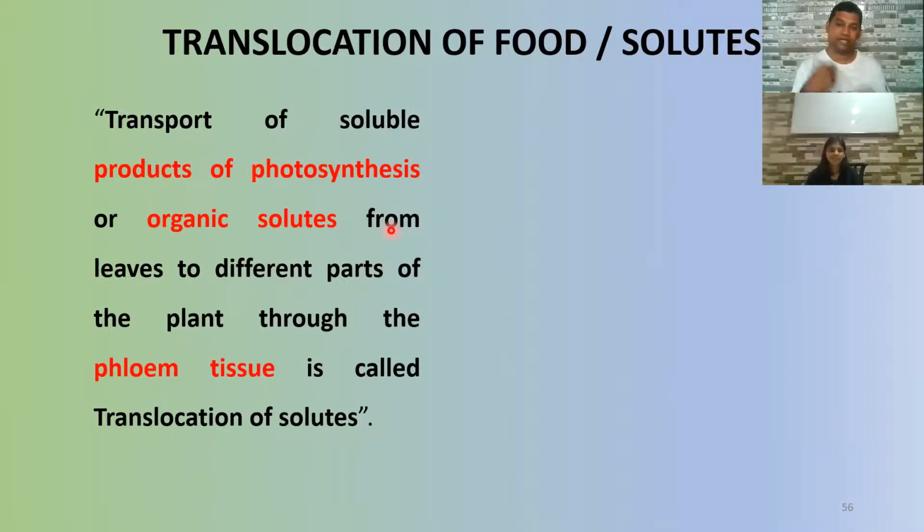Translocation. पहला वाला translocation देखा, that was about the water with the dissolved minerals, the raw material onto the leaves. अब ये manufactured product from the leaf to every part of the plant. When that is translocated, it takes place through the phloem tissue.